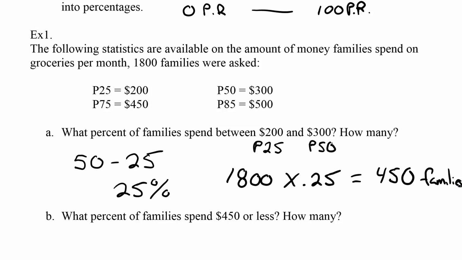Now my only caution to this question is, what if my answer had been a decimal? What if I had 450.2 families? Well, this is where you have to realize that families are a discrete value. Basically what we mean there is that you can't have a decimal. I can't have 0.2 of a family. So in this case, I need to have whole numbers for my answers.